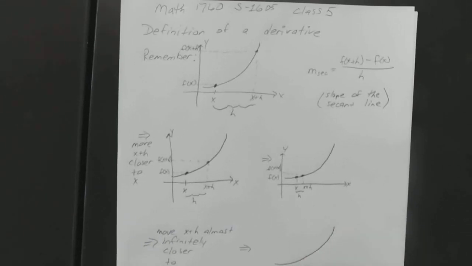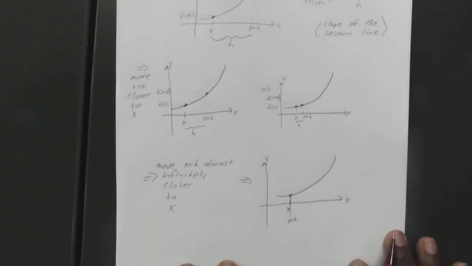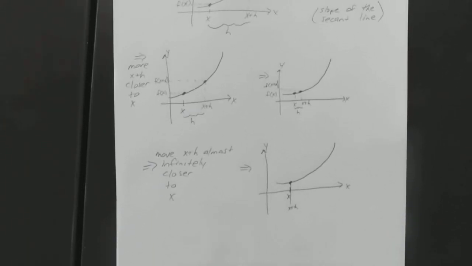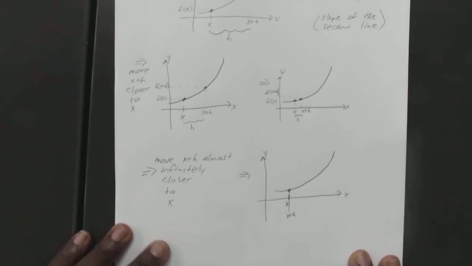Okay, so let's have our x and our y-axis. Let's say this is our x, and our x plus h is so close, it's barely any space between them.